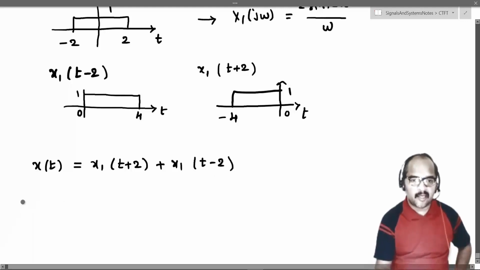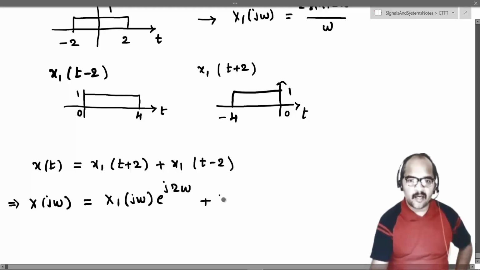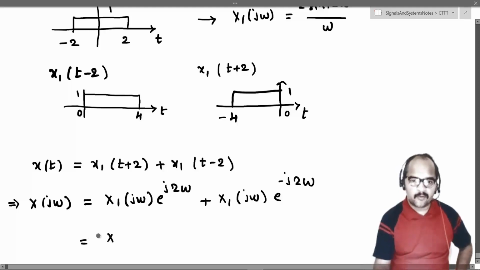Now you again take the Fourier transform. This implies x of j omega is equal to x1 of j omega multiplied with e power j2 omega plus x1 of j omega multiplied with e power minus j2 omega. I'll simplify: this is 2 times x1 of j omega multiplied with cos 2 omega.